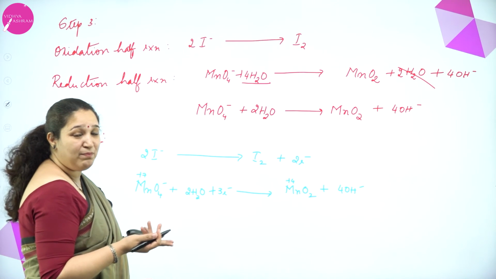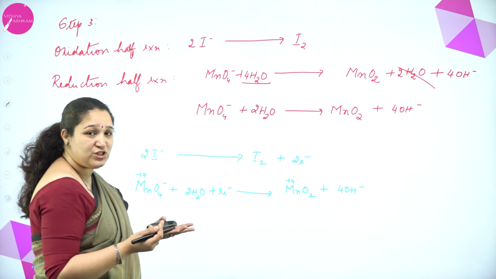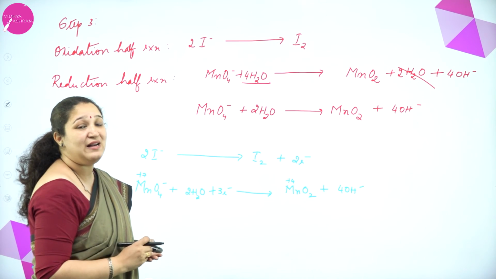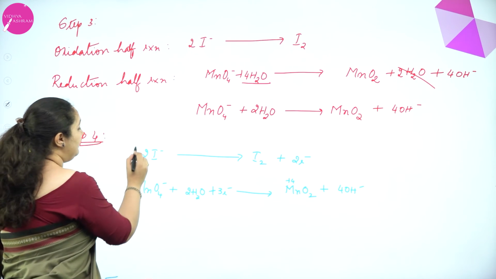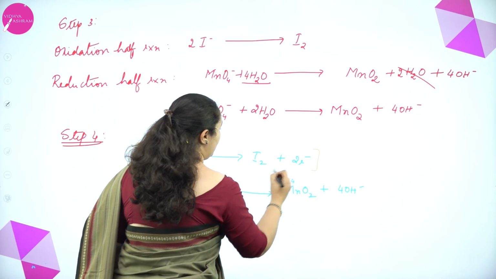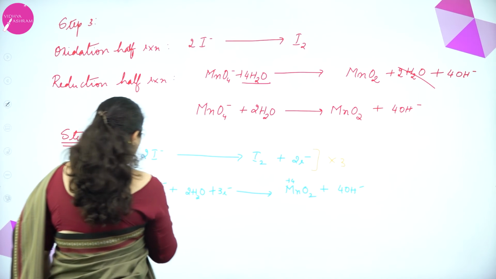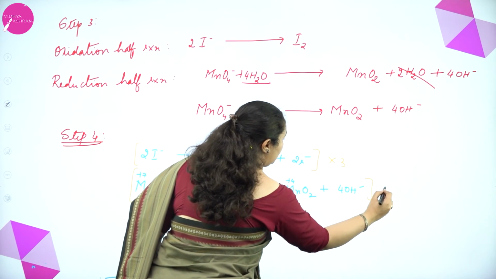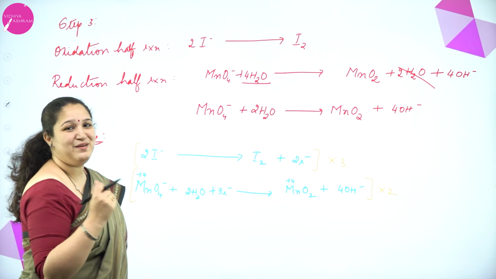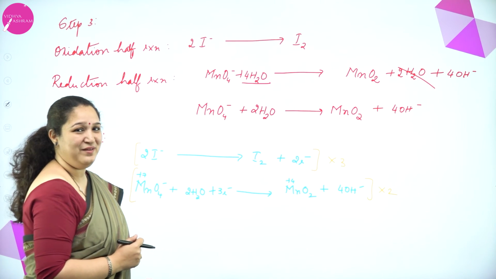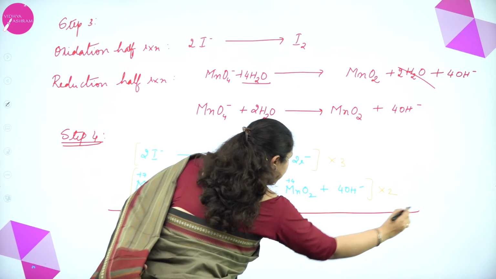So I have to multiply the entire equation with the integers to balance the electrons. Correct? So what are we going to do? We will multiply the first equation into 3 and the second equation into 2. And now add up, you will get the balanced equation. Okay? So we shall add up here.